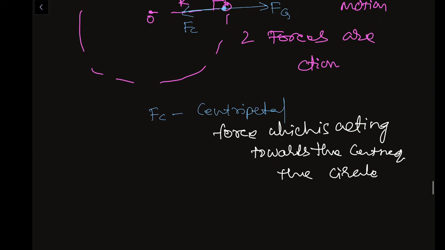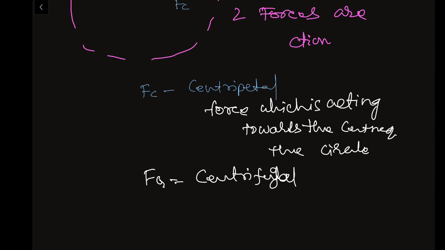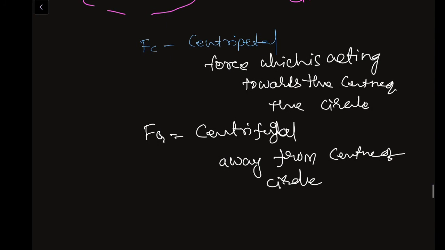Then centrifugal force, Fg, is the force acting away from the center of the circle. If the two are equal, Fc is equal to Fg, the body moves in a circular path.